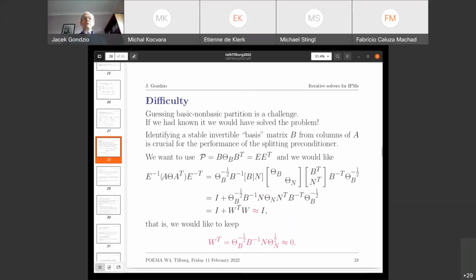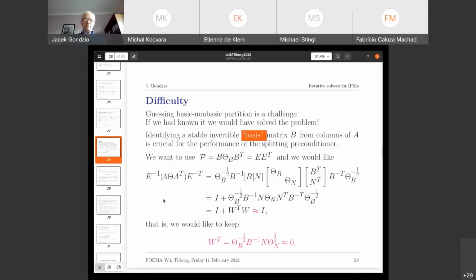But there is a difficulty, which is how to guess this basic and non-basic partition. And it's not just that we have to guess the partitioning, but we have to make sure that the basis matrix is invertible. And I would say even something more important, it is invertible without contributing too much of numerical errors.